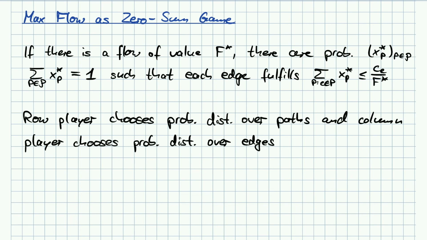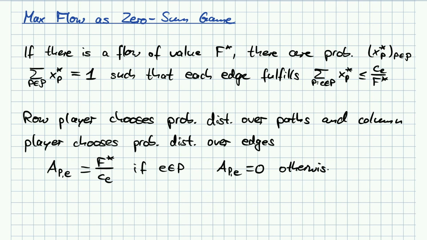And we then set in our matrix, if the row player chooses path P and the column player chooses edge E, we'll set the payoff to F star over C_E if the edge is on the path, and otherwise we'll set it to 0.